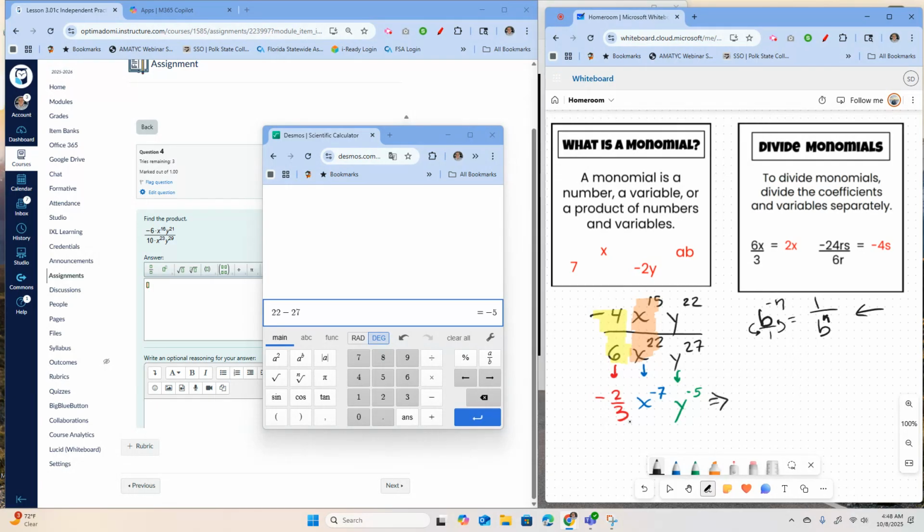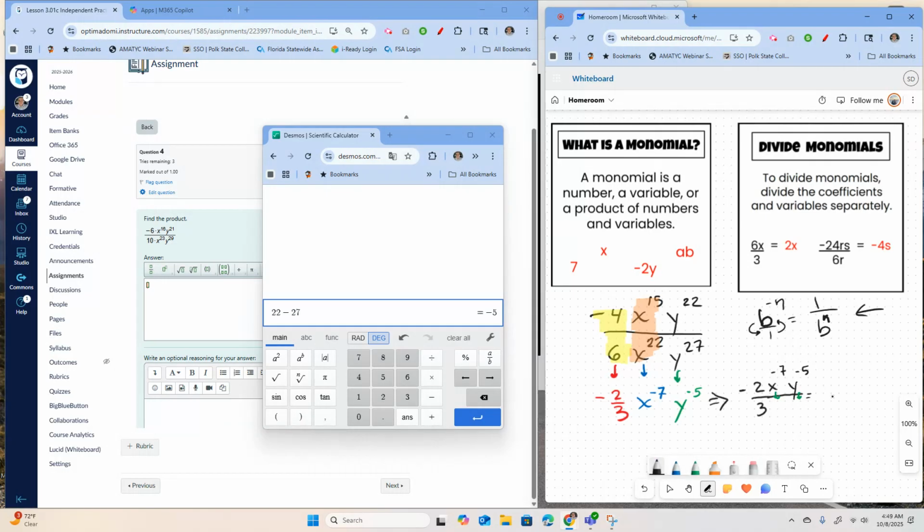So what I'm going to do is rewrite this. I'm going to write it like this: negative 2/3. I'm going to extend the bar. And x to the negative 7 is right next to the negative 2, and the y also. Because it has a negative exponent, the x is going to go on the bottom. And the y, because it also had a negative exponent, also goes on the bottom.